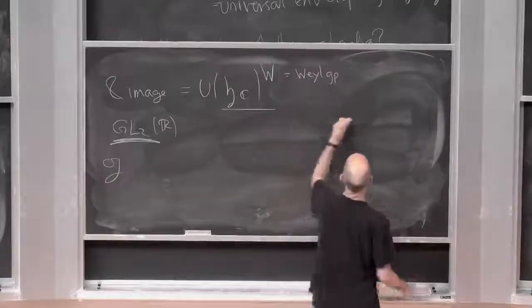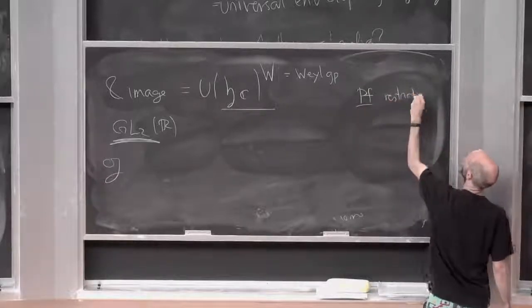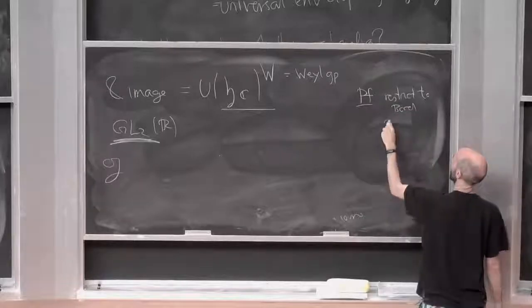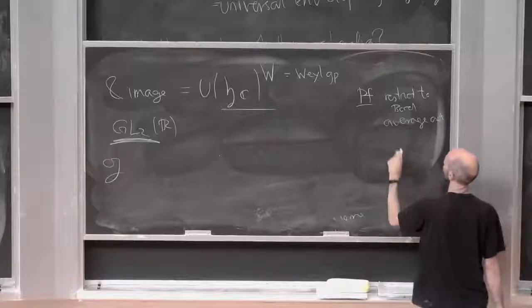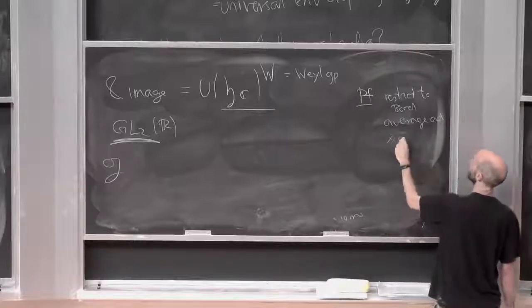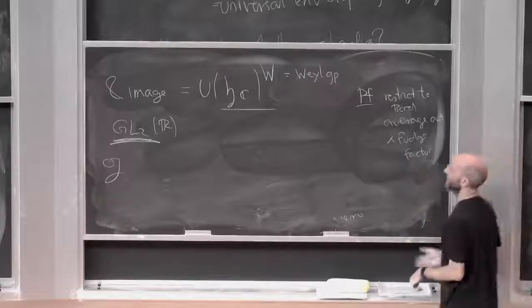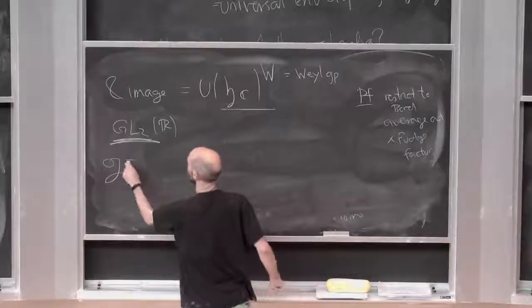So the proof is kind of like restrict to Borel, kind of integrate to average out, project down, multiply by fudge factor. Right, and now go and read my notes if you want to see the details. So G is GL2 of the reals.